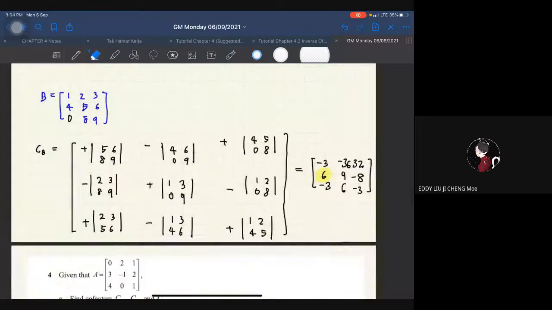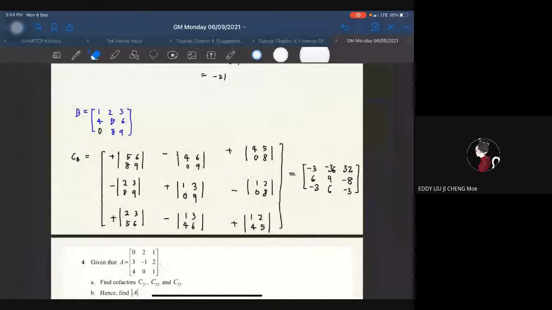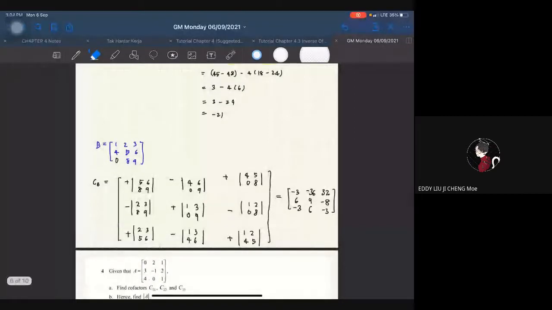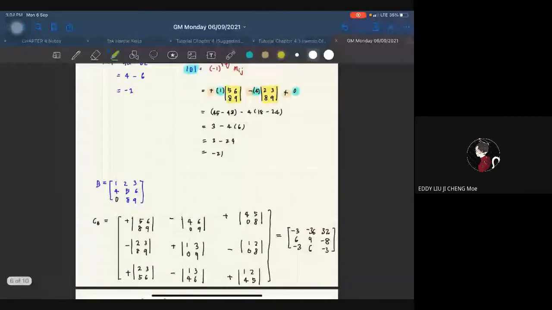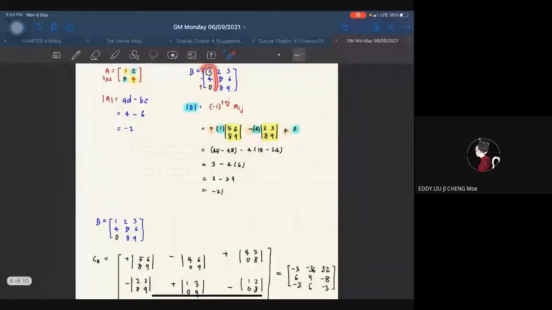Okay, so siapa yang dapat negatif tadi betulkan balik. Alright, so ini adalah jawapan awak untuk cofactor matriks B. Okay, so sebenarnya daripada nilai cofactor ni awak boleh cari determinant. Okay, so tadi kan kita tengok dekat this one over here, kita choose this one kan, the first column.